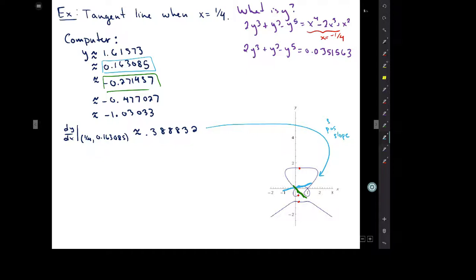It's a small positive slope. Great. I'm going to do this other point, the green one. So if we take the derivative and we evaluate it at, again, x is 1/4, but y is negative 0.271457, what we end up getting is that the derivative is about negative 1.46564. So it's a negative number, and it's steeper. It's still not super steep. And that's what we see in this green line here. We see that we have a larger negative slope.